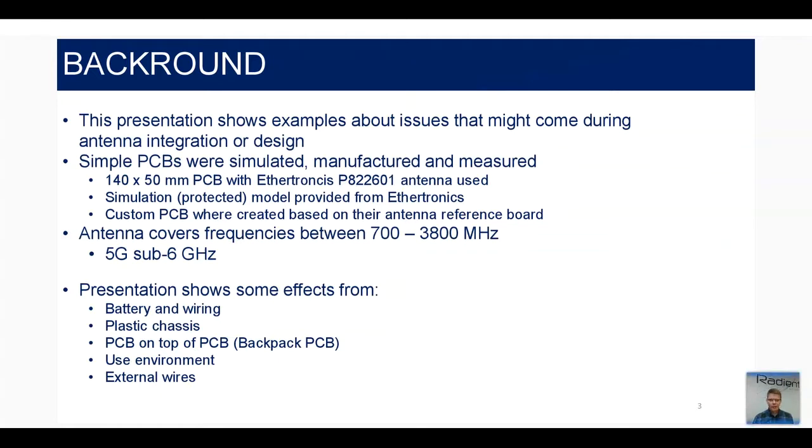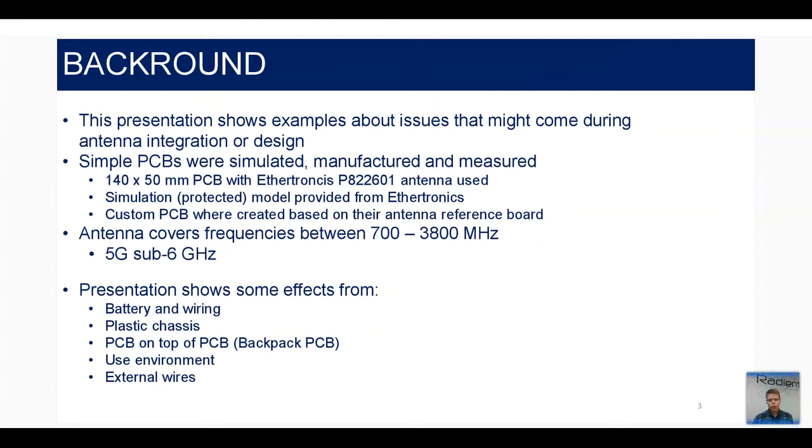We made a custom PCB for our measurements, and it was pretty much copied from the reference board of that Ethertronics antenna, with just a few modifications, like holes for the screws. The antenna we use here covers frequencies between 700 megahertz and 3.8 gigahertz, so it's a 5G Sub-6 GHz antenna.